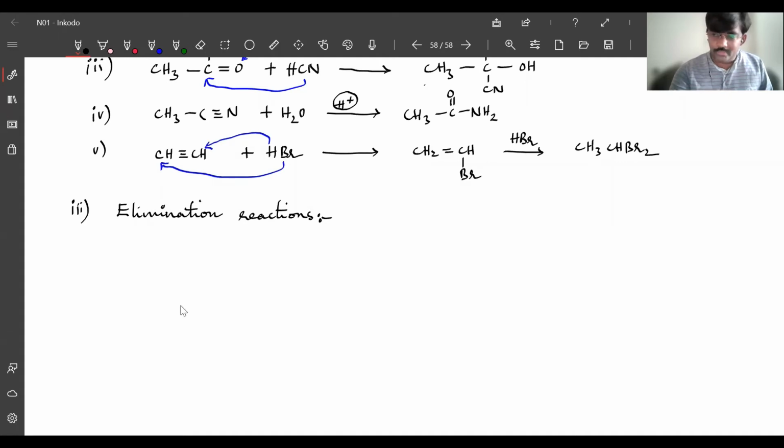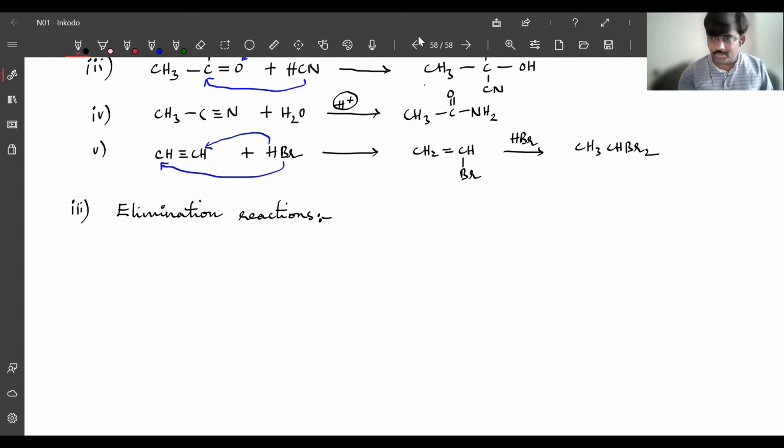Whenever elimination reactions happen, one important thing to remember is that a saturated compound becomes unsaturated. That means an alkane will become an alkene. The more stable alkene will be the major product, because in organic reactions we never get a single product anytime; more than one product can be produced. So the major product in elimination reactions is always the stable alkene.